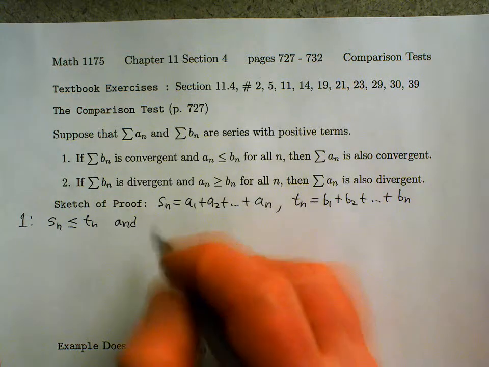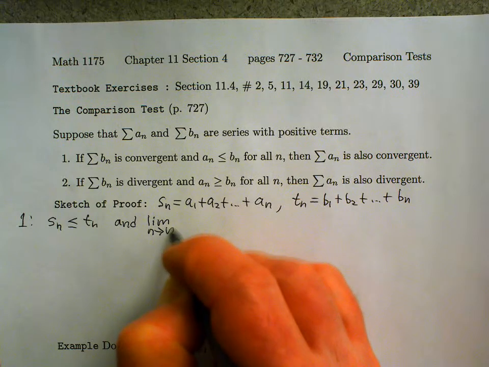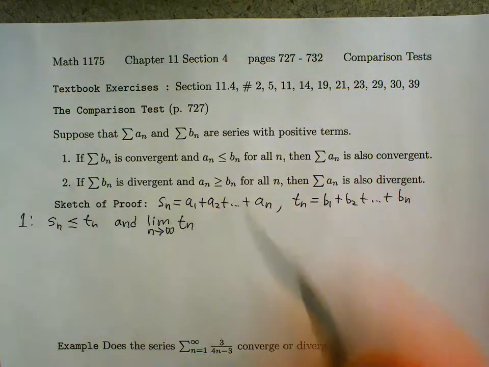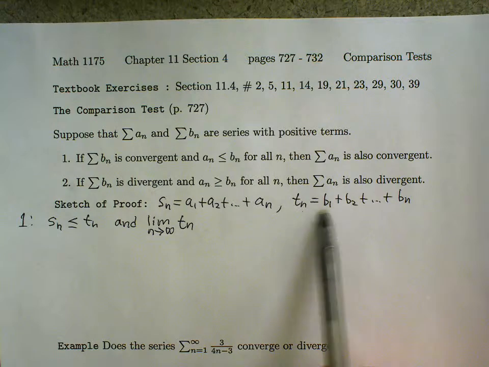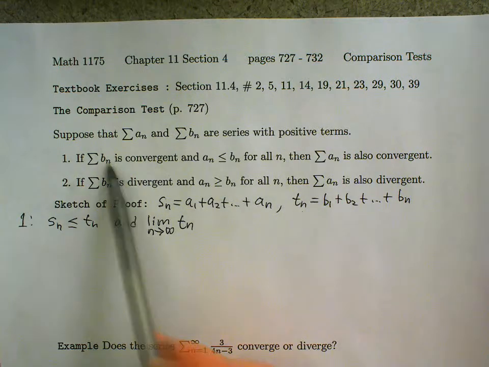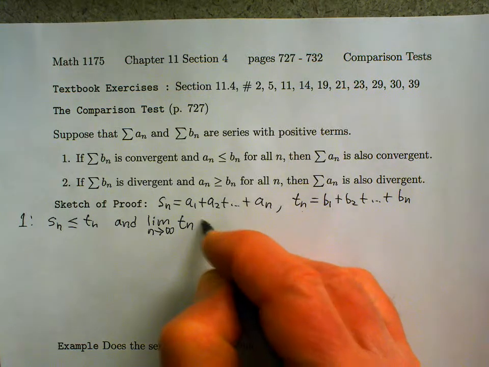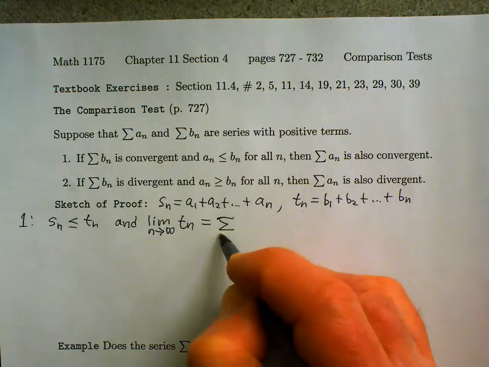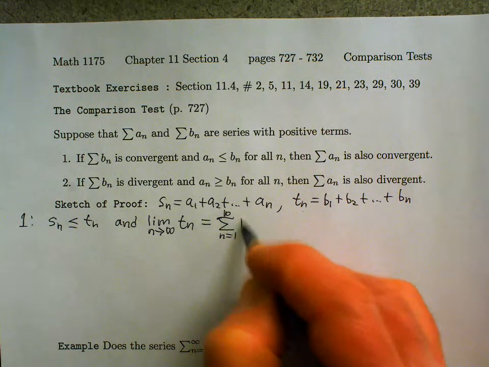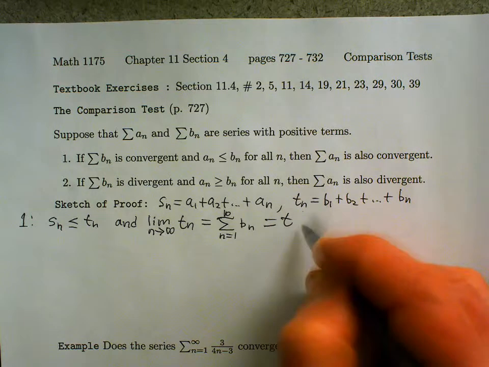So that means that the limit as n approaches infinity of T sub n, where T sub n is the sequence of partial sums for the b sub n series, is equal to the infinite series of the b sub n terms, which is equal to a finite number t.